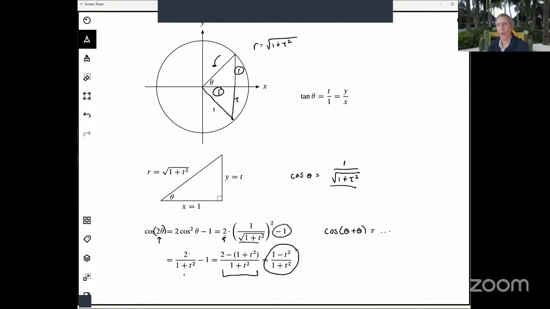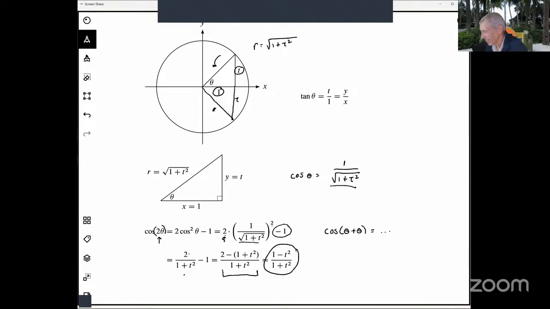Okay, cool. Because the cosine will still be 1 over the square root of the quantity 1 plus t squared. Yes. And when you put that into your cosine of 2 theta identity there, I think you just come up with exactly the same thing, even when t's negative. So pretty cool. Yeah, I like it.